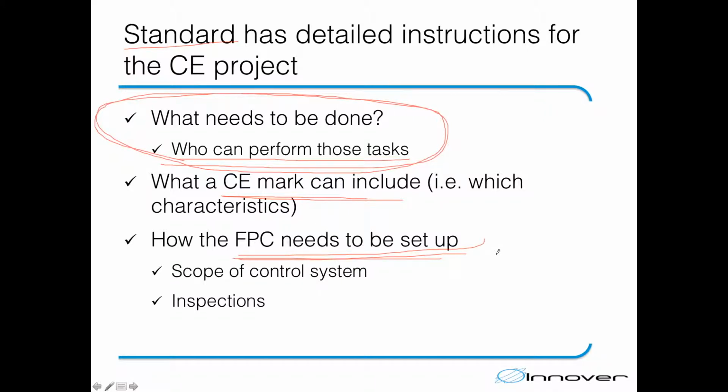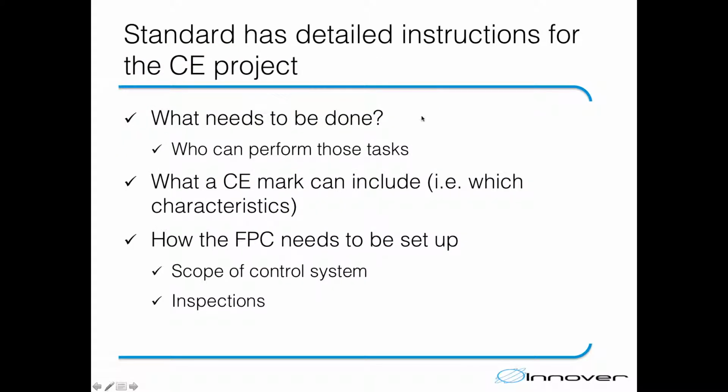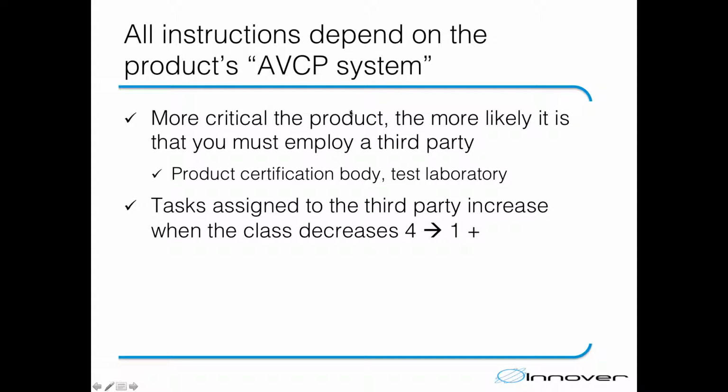But now let's just take a look at what needs to be done and who can perform these tasks. And all instructions depend on the product's AVCP system, or as it is called, Assessment and Verification of Constancy of Performance System. So this means basically, in layman's terms, the division of labor in terms of CE marking.